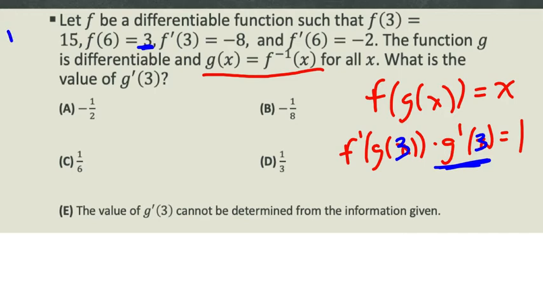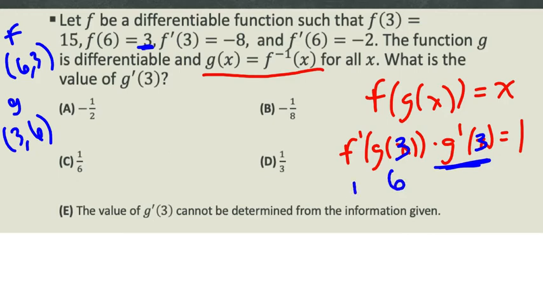So that means f had this point 6, 3. Since g is an inverse, that means it has the point 3, 6. So what is g of 3? And that is 6. So f prime of 6 times g prime of 3 equals 1.